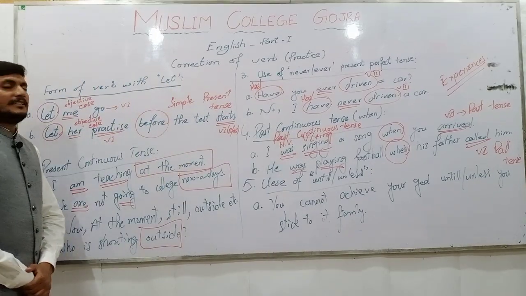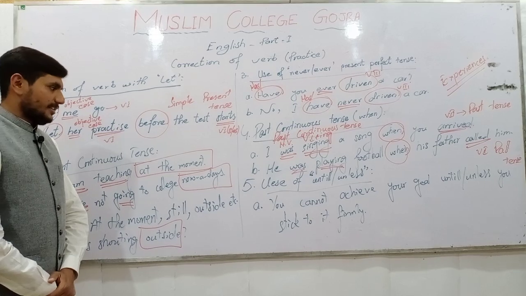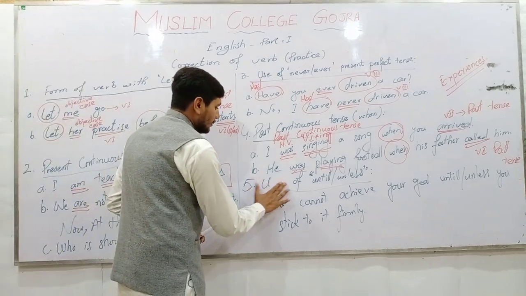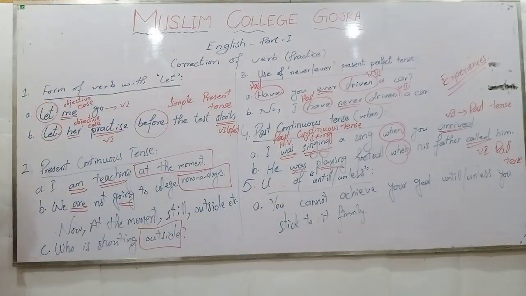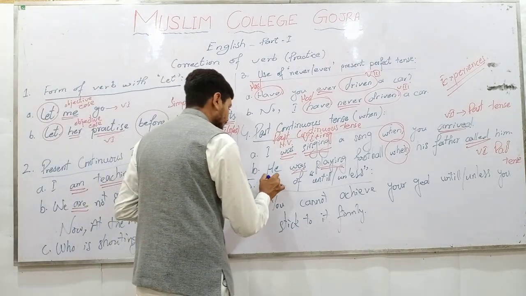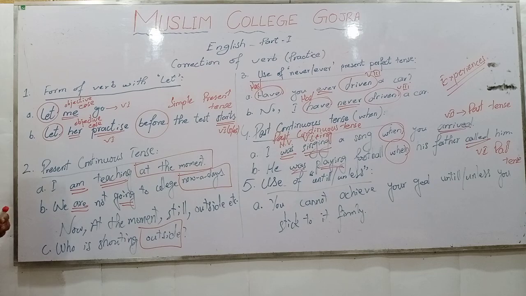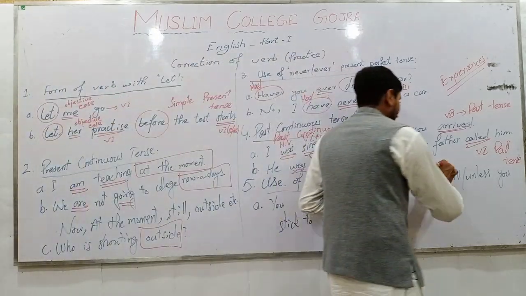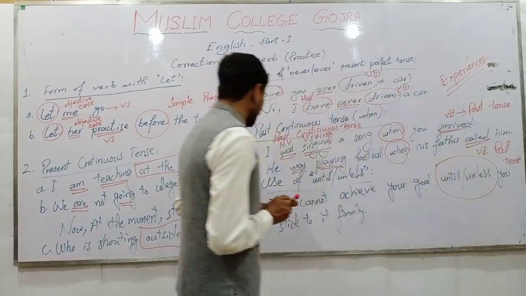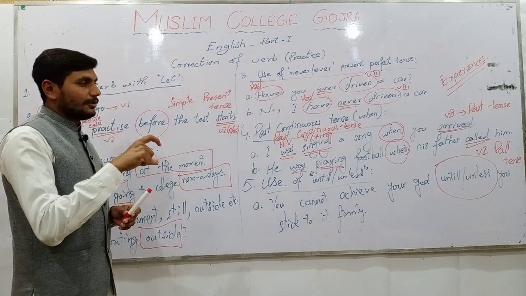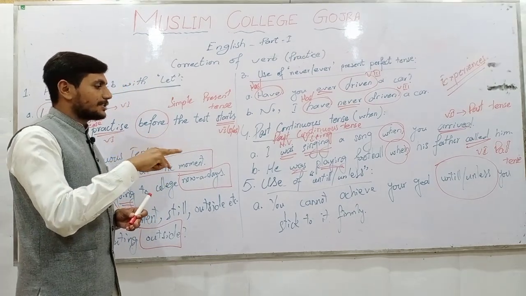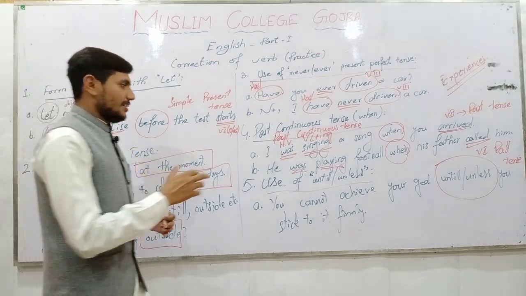The fifth and the last point of my lecture today is the use of until or unless. Use of until and unless. Here in this sentence, you cannot achieve your goal until or unless you stick to it firmly. There are two clauses.